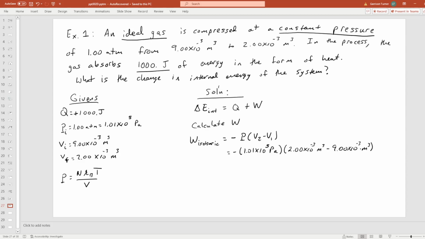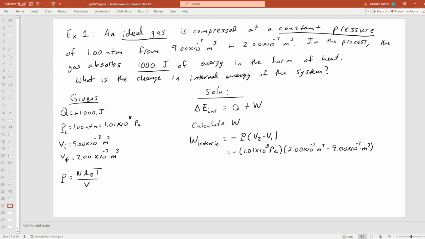Okay. And when we do this calculation, I'm going to start with the cubic meter subtraction. So 2 times 10 to the negative third minus 9 times 10 to the negative third, obviously it's negative 7 times 10 to the negative third, right? So this is 7 times 10 to the negative third with a negative sign, times 1.01 times 10 to the fifth.